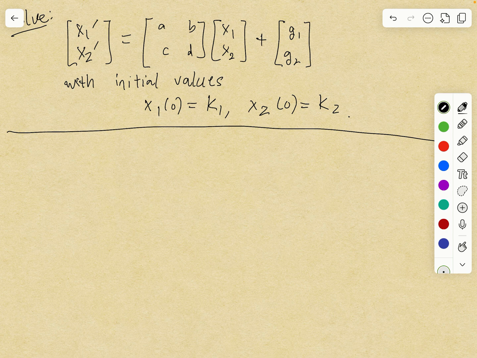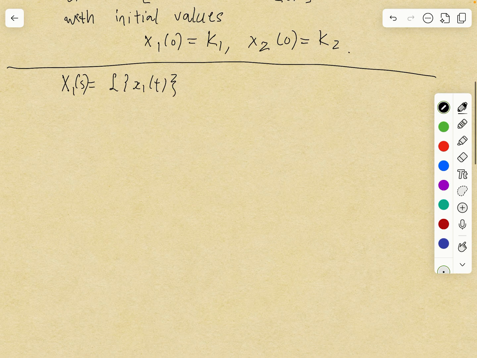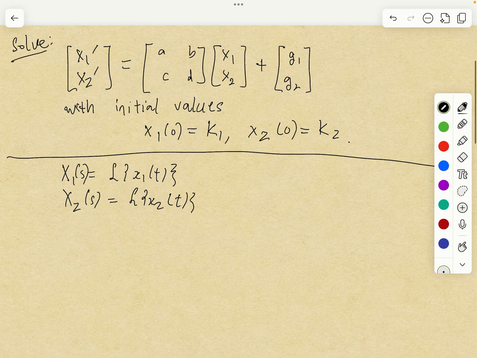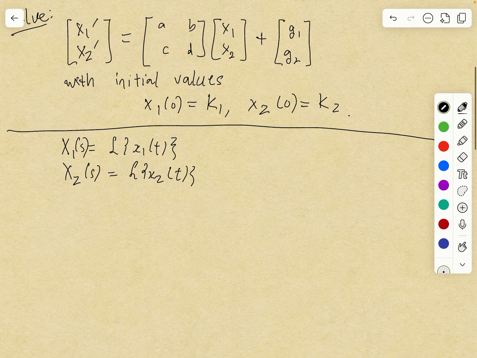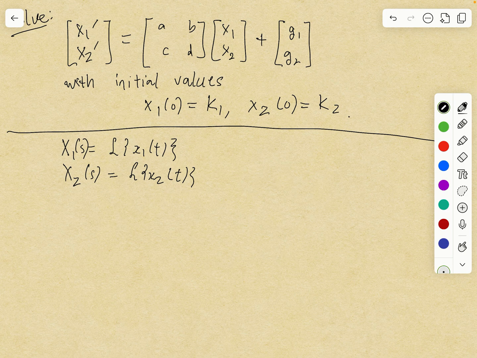So let's just set up some notation. Let's call capital X1 the Laplace transform of little x1. And usually I'll use s for the independent variable of capital X1. Similarly, capital X2 is going to be the Laplace transform of little x2. And the g1 and g2 that make up the non-homogeneous part will also have Laplace transforms.